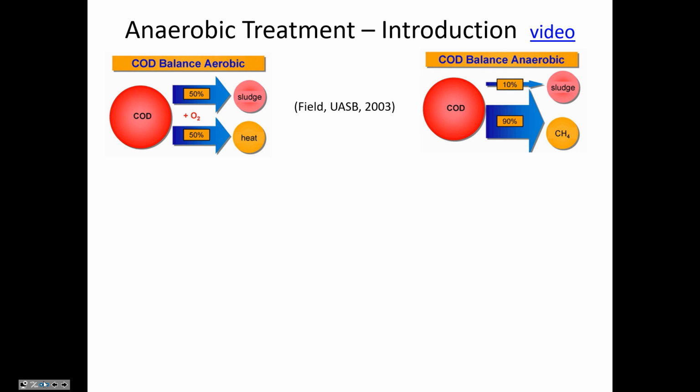To compare and contrast, in an aerobic environment, this biological material that exerts a demand for oxygen, BOD or COD, about half of the carbonaceous material ends up as sludge and half of it is consumed by the aerobic bacteria along with oxygen, and they generate heat in the process. That's their cellular respiration consuming the BOD, and some of it ends up as sludge residuals.